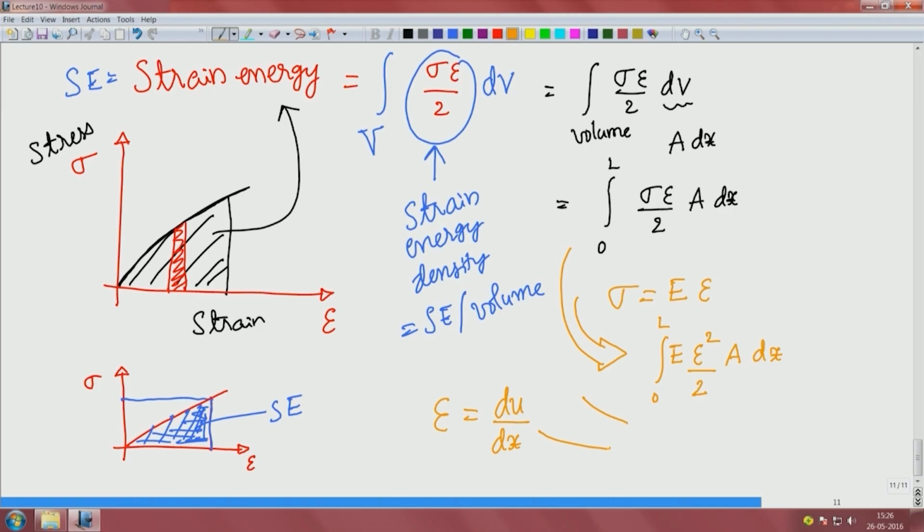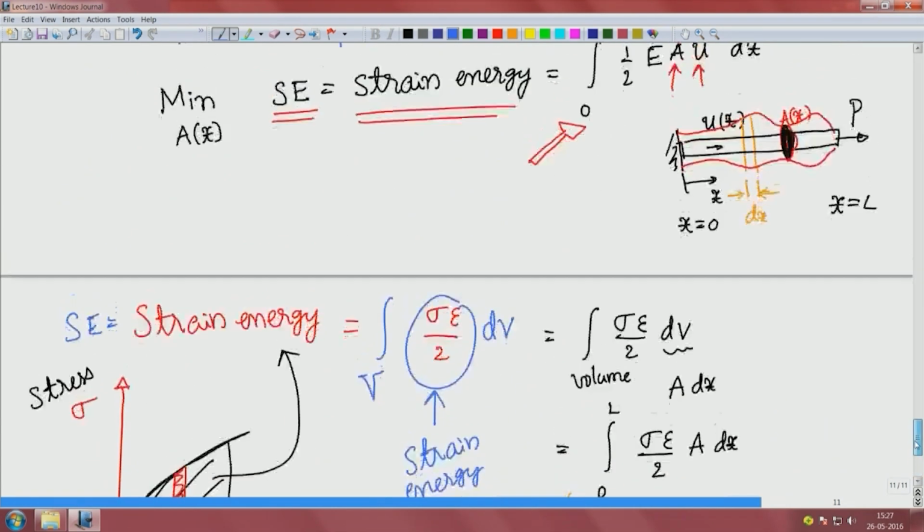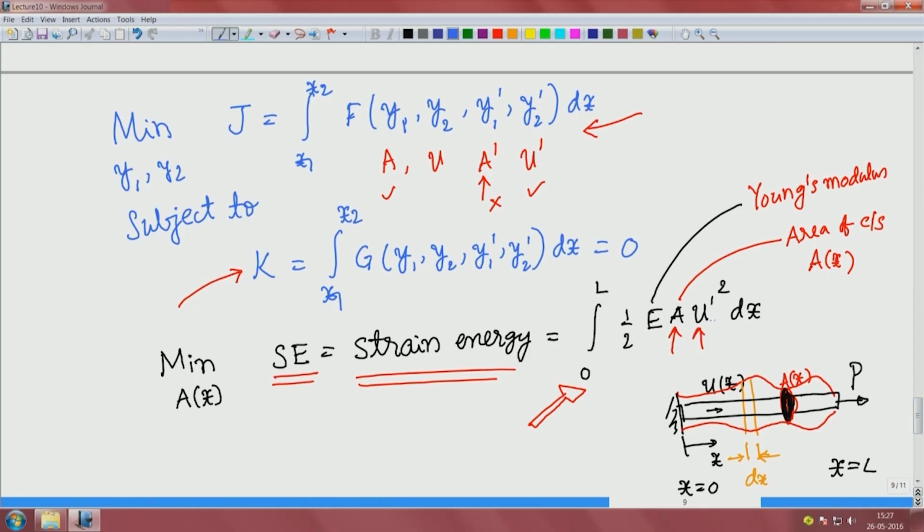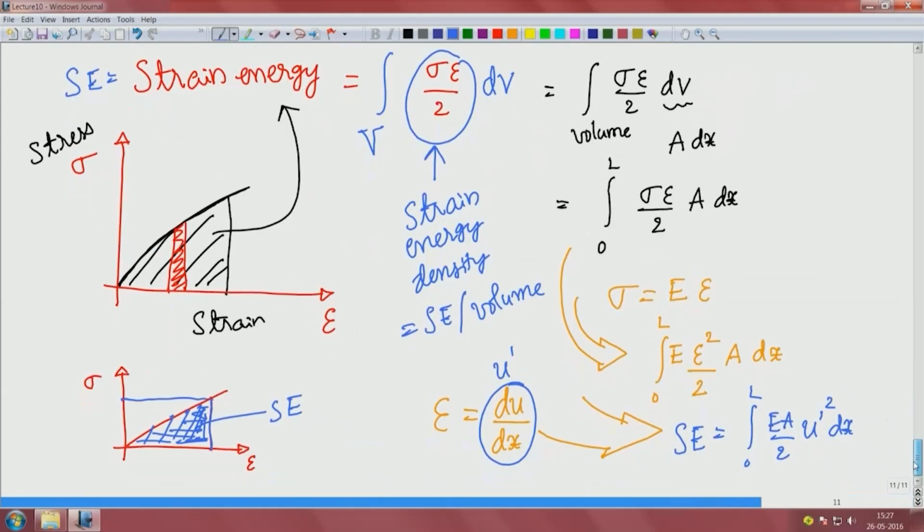With all of these things, we get the strain energy of a bar as the integral from 0 to L of E A by 2 epsilon square. This is u prime in our notation, u prime square dx. That is exactly what we wrote over here, half E A u prime square. That is how we get the strain energy.